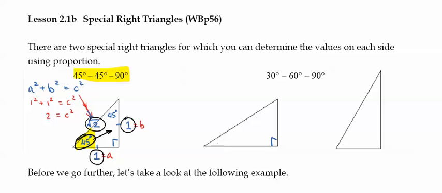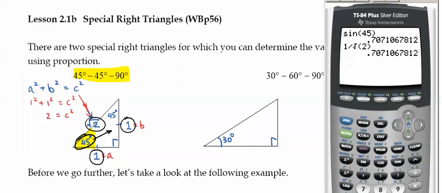I have a right triangle with 30 degrees. If you try it out on your calculator, sine 30 degrees will give us 0.5. That's one of the ratios that your calculator can come up with as a nice number.